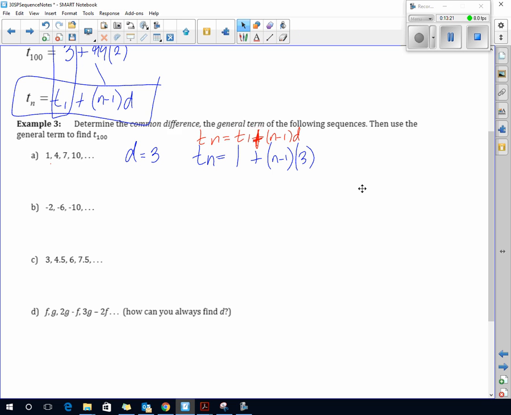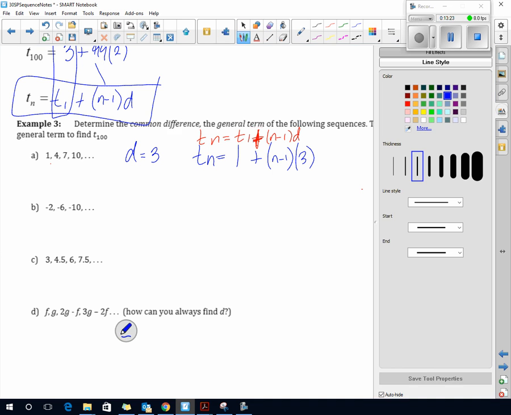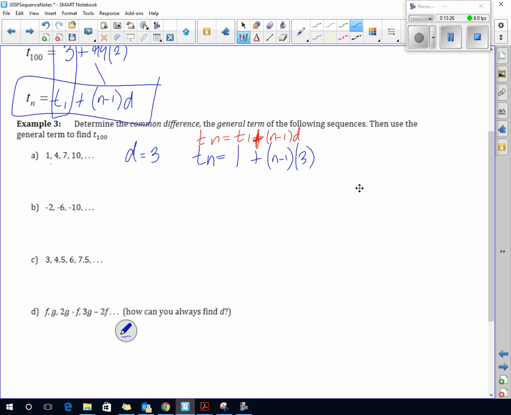So we get 1 plus 3n minus 3, and that simplifies to, usually we write it 3n minus 2, okay? So then what's my 100th term? Term 100 would be 3 times 100 subtract 2, yes? 3 times 100 subtract 2, which is 298.